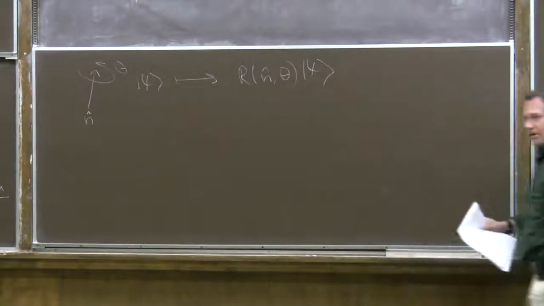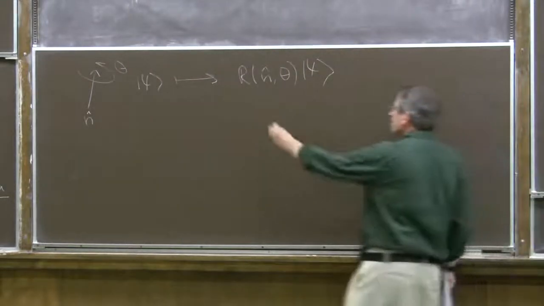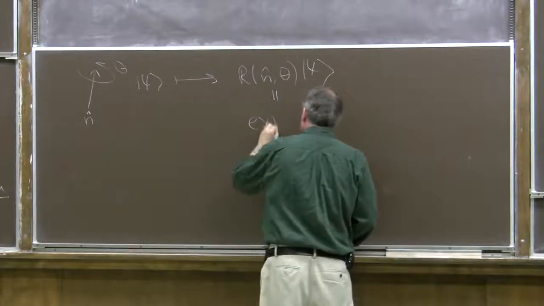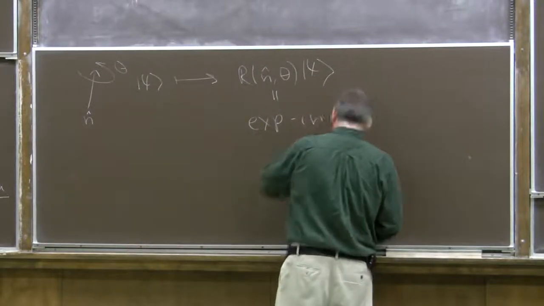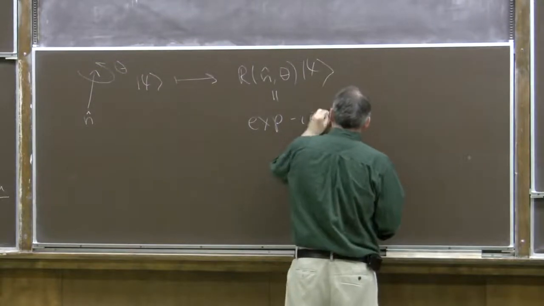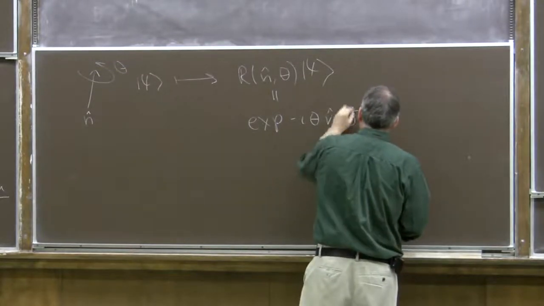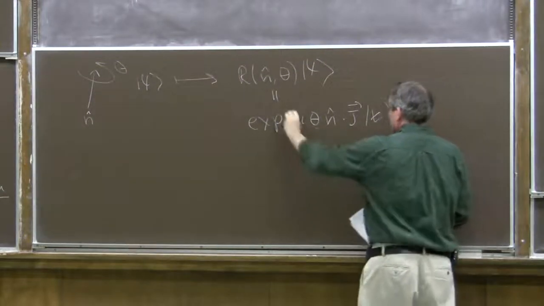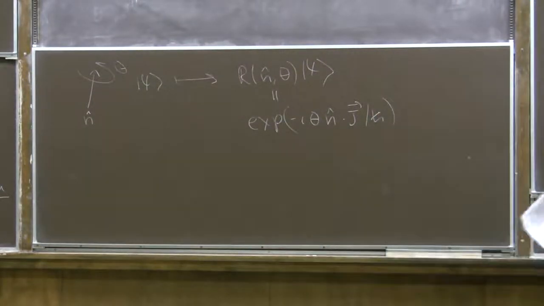And what you probably also learned is that we can write this unitary in terms of the angular momentum, that it's the exponential of minus i, the angle theta, n hat dot angular momentum divided by h bar. Does that sound familiar? Okay.